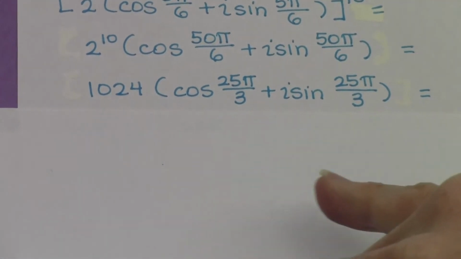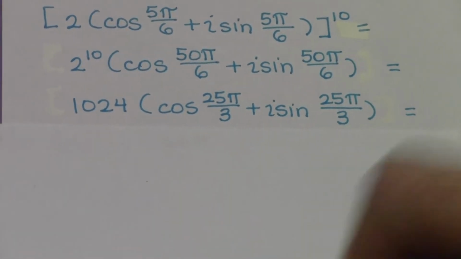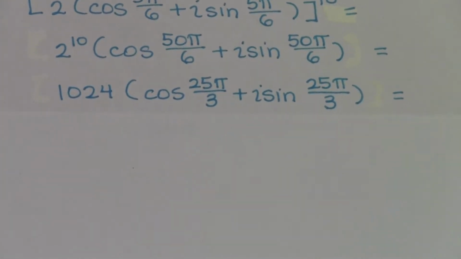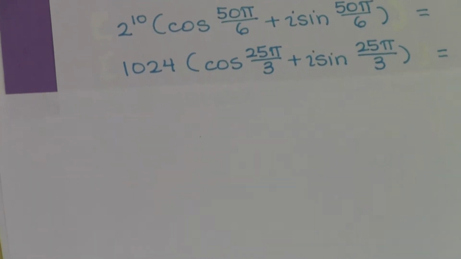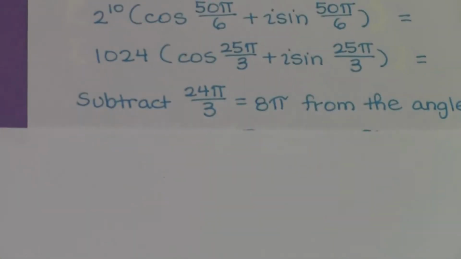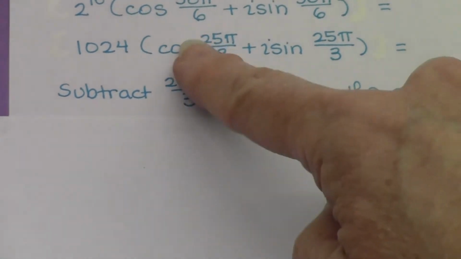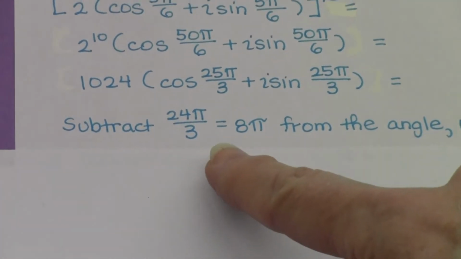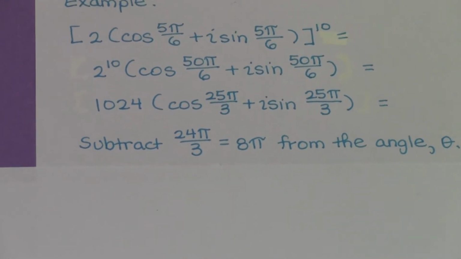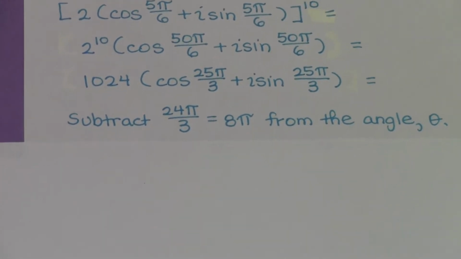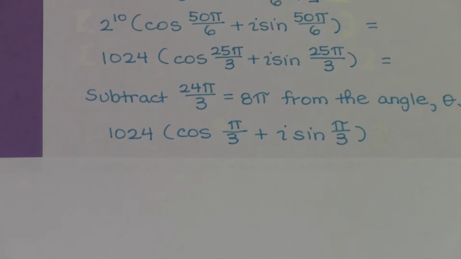So that means I'm going 8 1/3 pi around the unit circle. That's 4 times around the unit circle and then a little more. So what I'm going to do is subtract 24 pi over 3, or 8 pi, from this. Those are all aimless trips around the unit circle where we start over again. And that makes a much simpler angle.